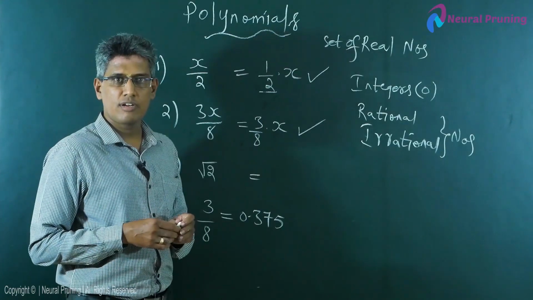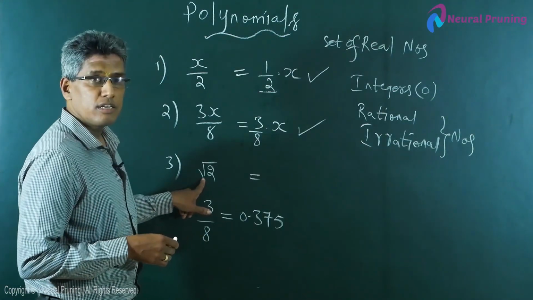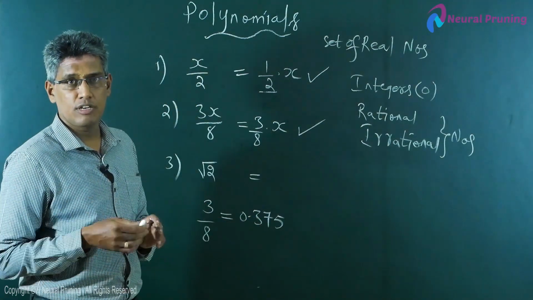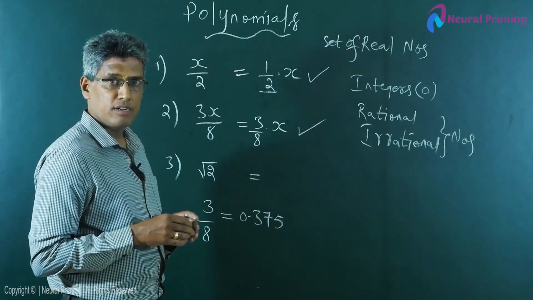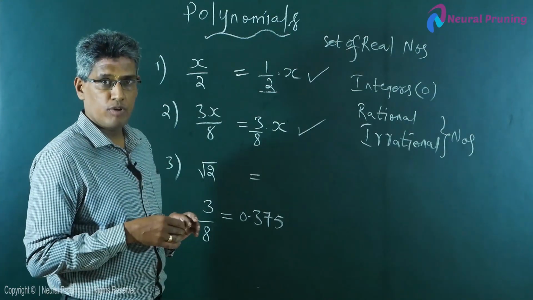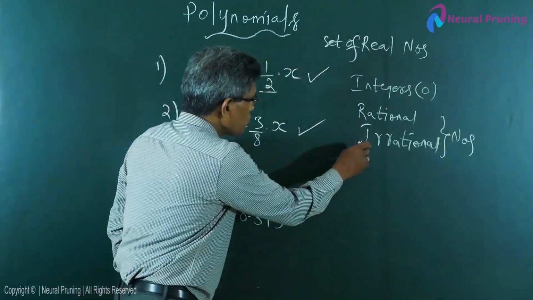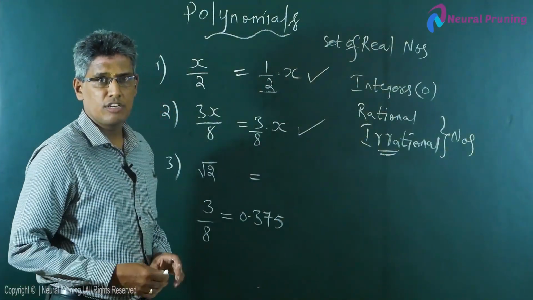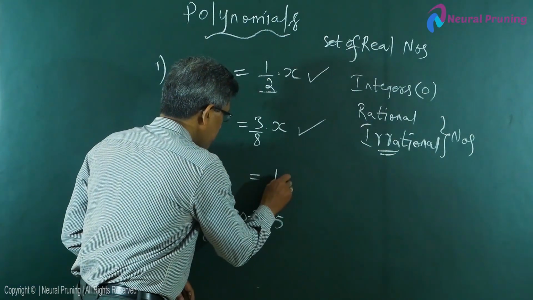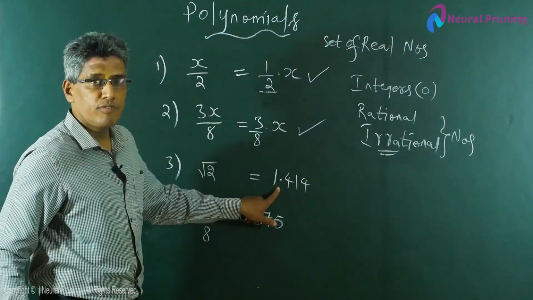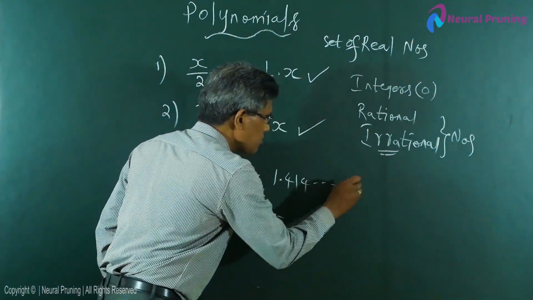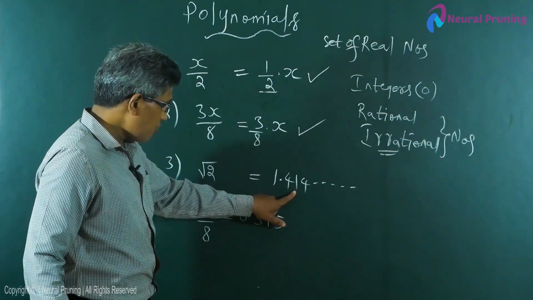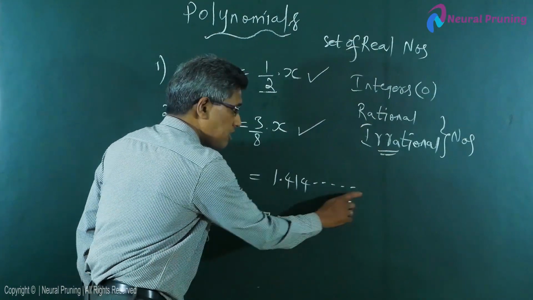In the last of our examples that we have taken up, the number is root 2. Now root 2 happens to be an irrational number. 2 is not a perfect square, so the square root of an imperfect square, that is 2, belongs to the set of irrational numbers. When I call it an irrational number, what I mean is, when we carry out actual division, it continues. The decimal representation doesn't terminate at all.